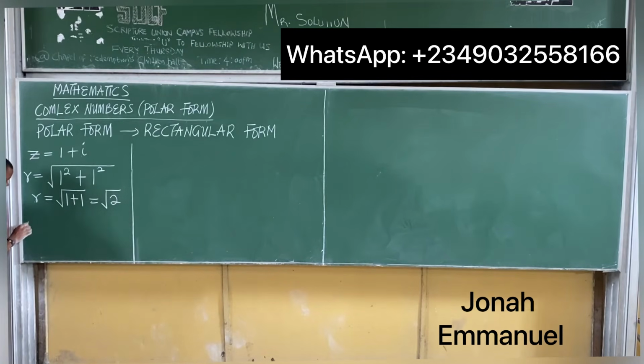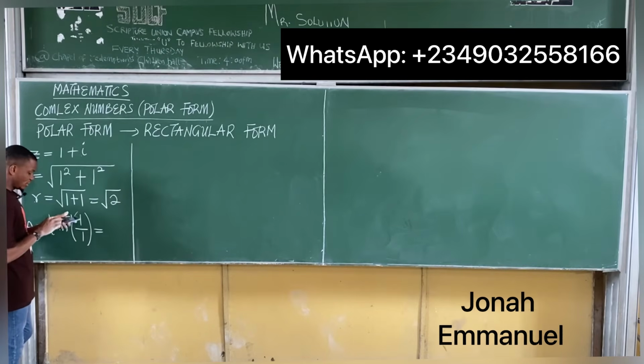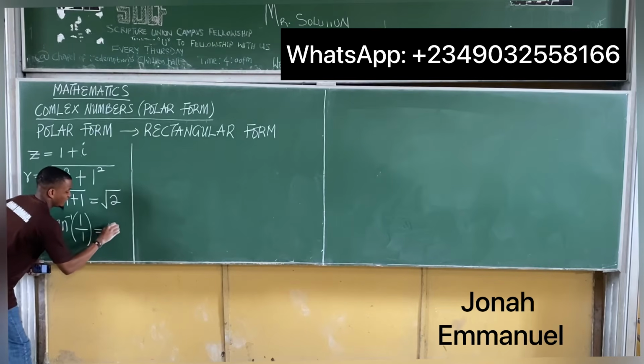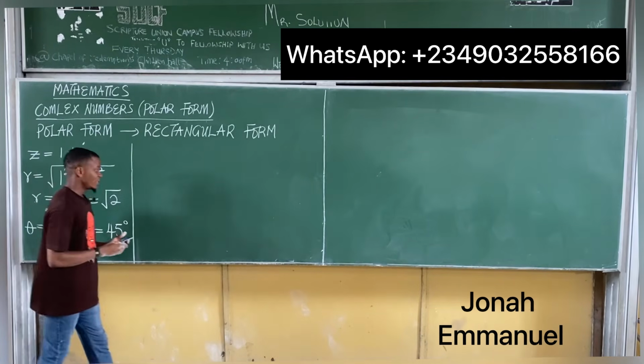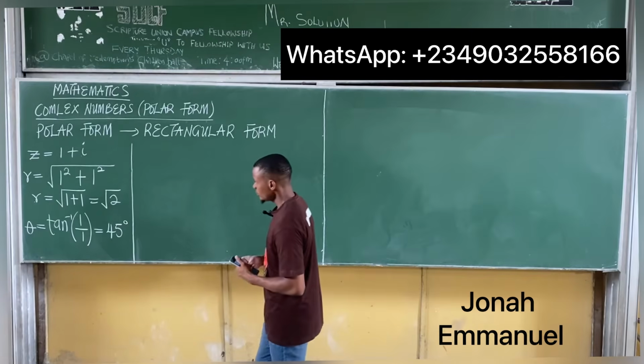Next up, theta, which is the argument or amplitude, is equal to tan inverse of b, the coefficient here, which is 1, all over the number I have here, which is 1. We discussed this in our previous class. 1 over 1 gives me 1, tan inverse of 1, the answer is 45. So I have 45 degrees as the argument.